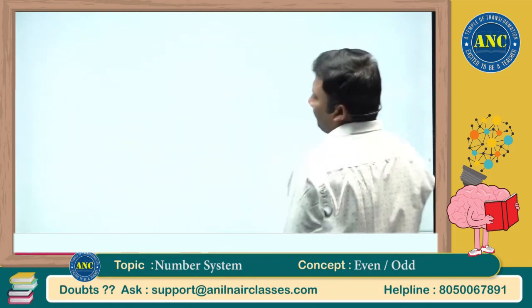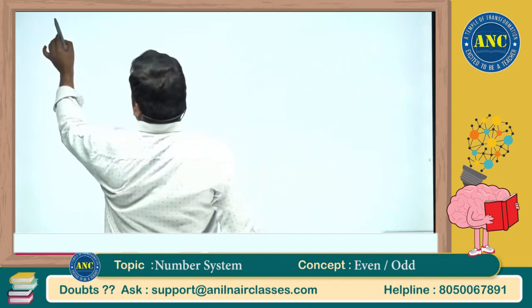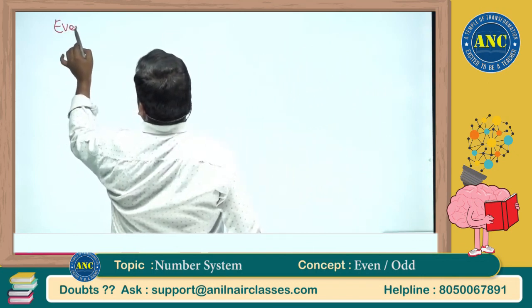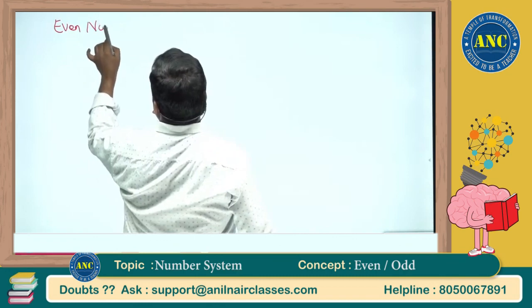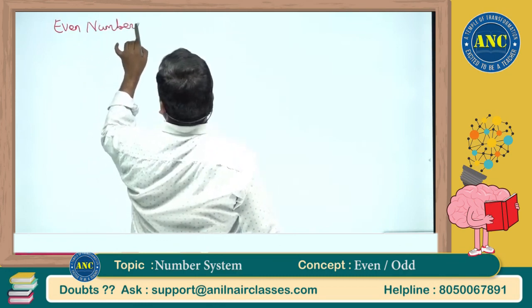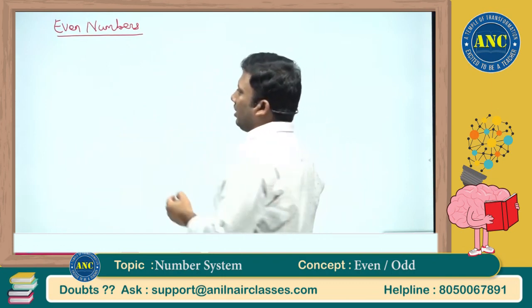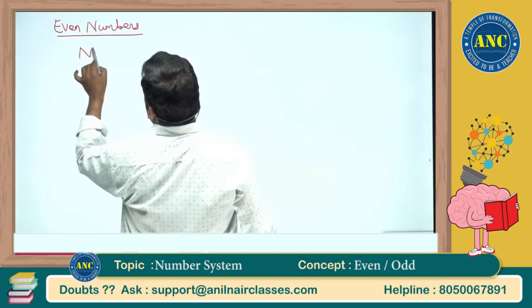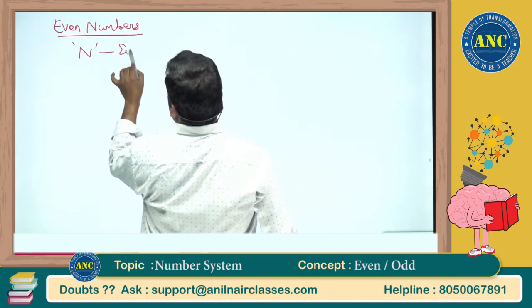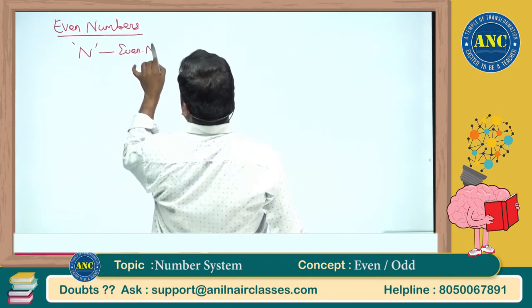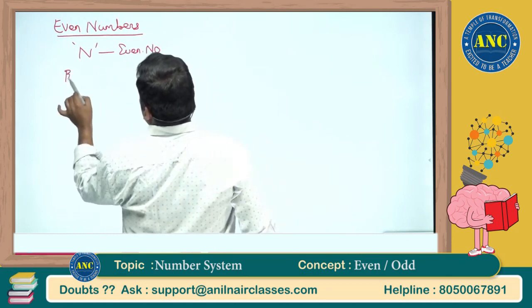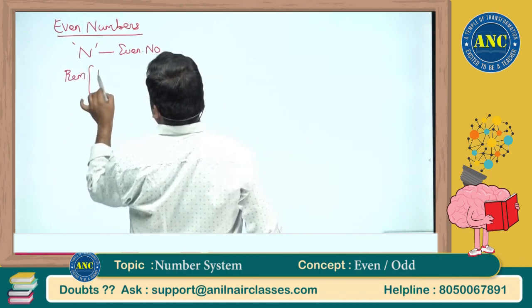Now see here. Even numbers. What do you mean by even numbers? Mathematical definition: suppose I say that n is an even number. If n is an even number, n should be perfectly divisible by 2.